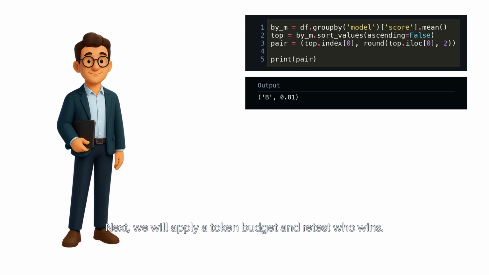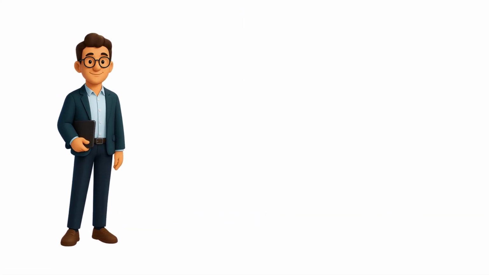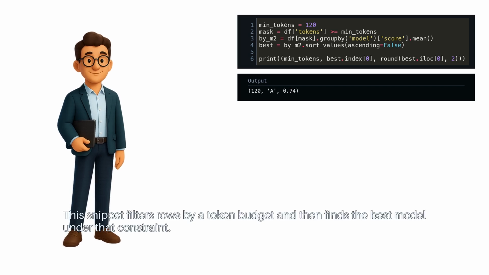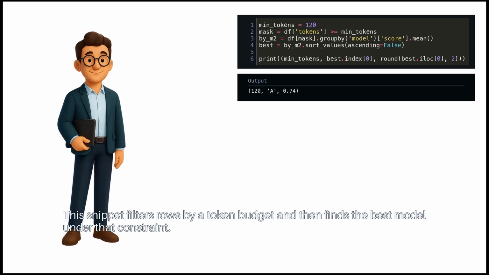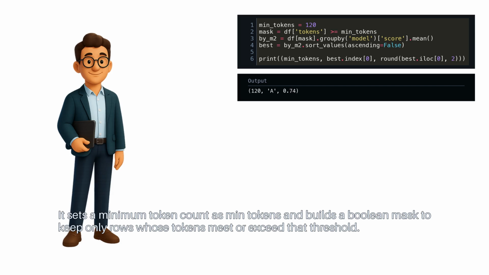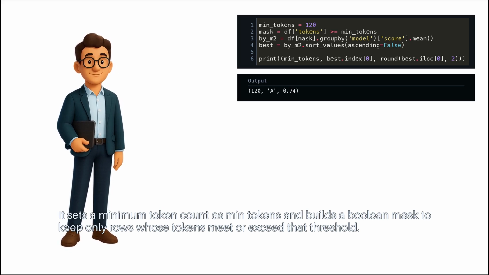Next, we will apply a token budget and retest who wins. This snippet filters rows by a token budget and then finds the best model under that constraint. It sets a minimum token count as min_tokens and builds a Boolean mask to keep only rows whose tokens meet or exceed that threshold.